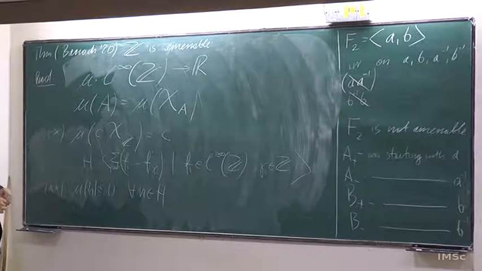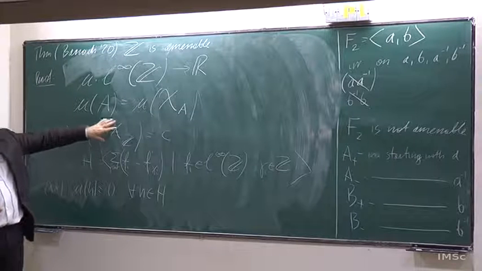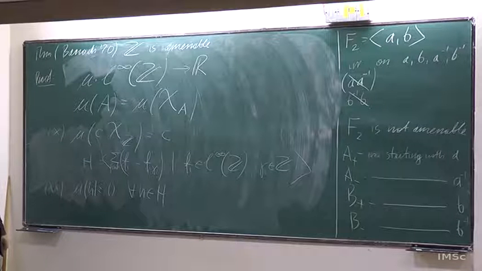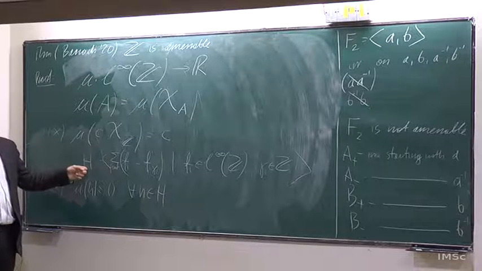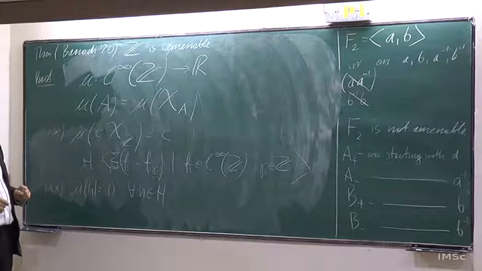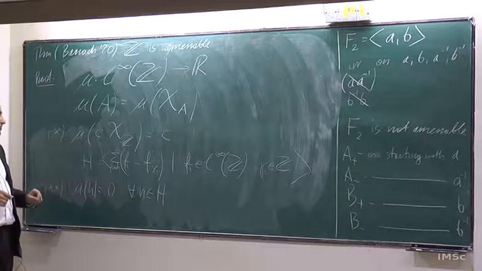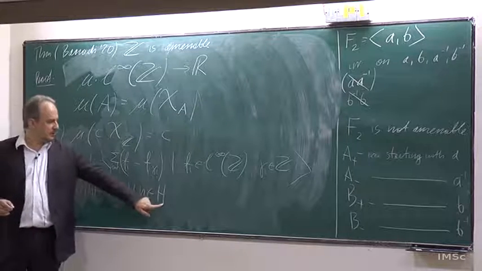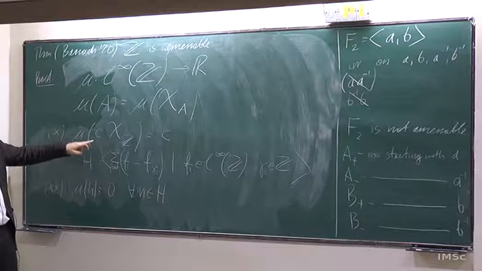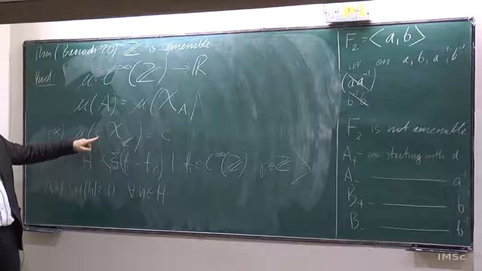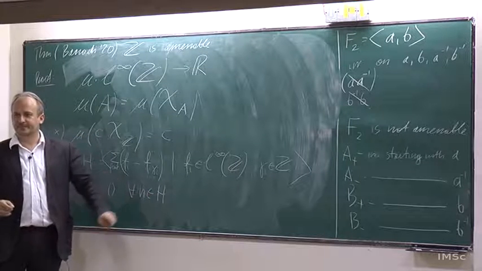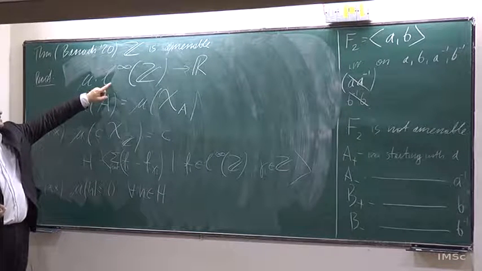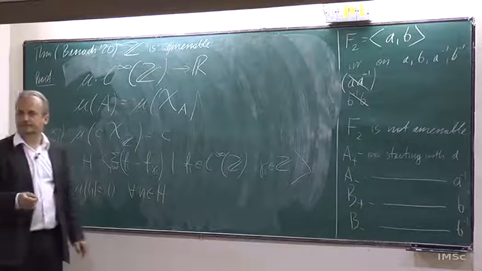That's how we define this functional: to be the value of the function on constant functions, and to be 0 on H. It might seem obvious, but one should also check that you don't have constant functions in H. And then we want to extend it to the whole L infinity.